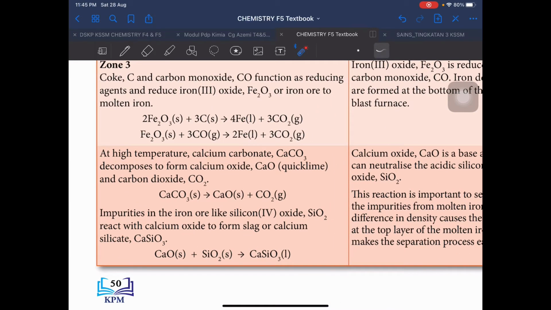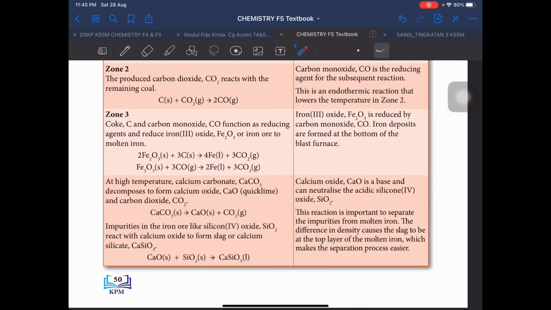At high temperature, calcium carbonate decomposes. Ni na, CaCO3 solid is terurai, decomposes at high temperature to form calcium oxide, quicklime, and also carbon dioxide. So apa yang terjadi? Impurities in the iron ore, like silicon 4 oxide SiO2, ada bahan-bahan ataupun residue.